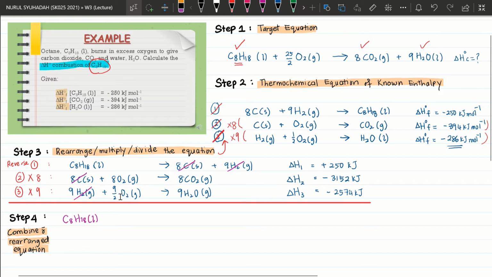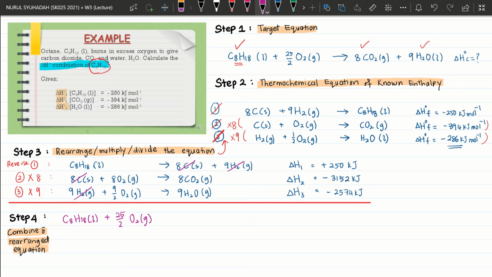Since it's on the same side, we will not cancel them out. We're going to add them together. If the compound is on different sides, we will cancel it, but if it's on the same side, we will add the numbers. So 8 plus 9 over 2, you will get 25 over 2 oxygen.